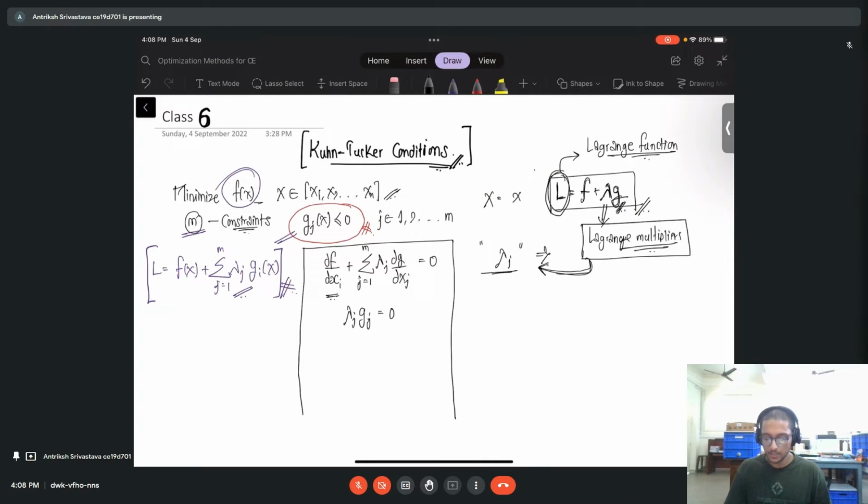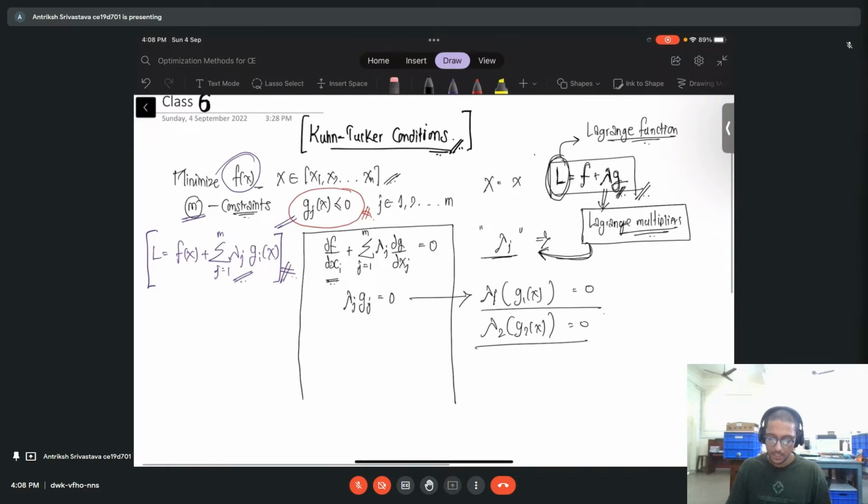So each constraint multiplied by its Lagrange multiplier has to be individually equal to 0. And then our normal constraint itself, that is g_j(x) should be less than or equal to 0. This is also one of the conditions.